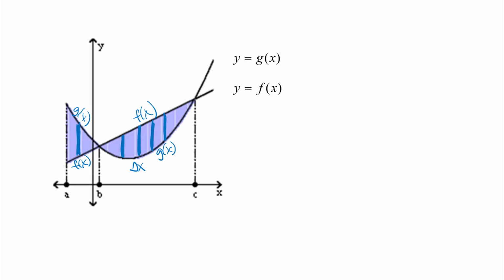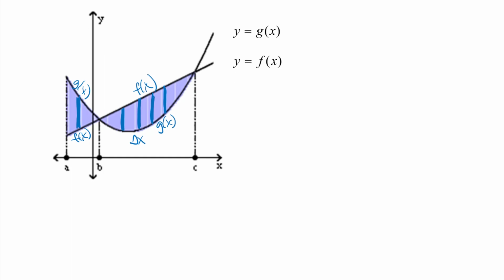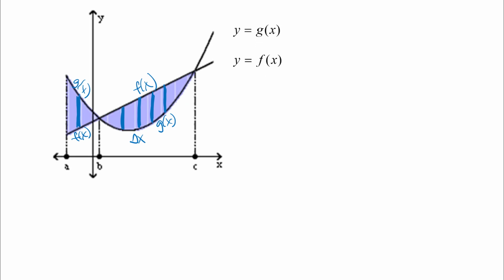So if I want to find the area for this whole region, I actually have to do this one as two separate integrals. So I'm going to set up one integral over the region on the left from x equals a to x equals b. In that region, the top function would be g of x, and the bottom function would be f of x.